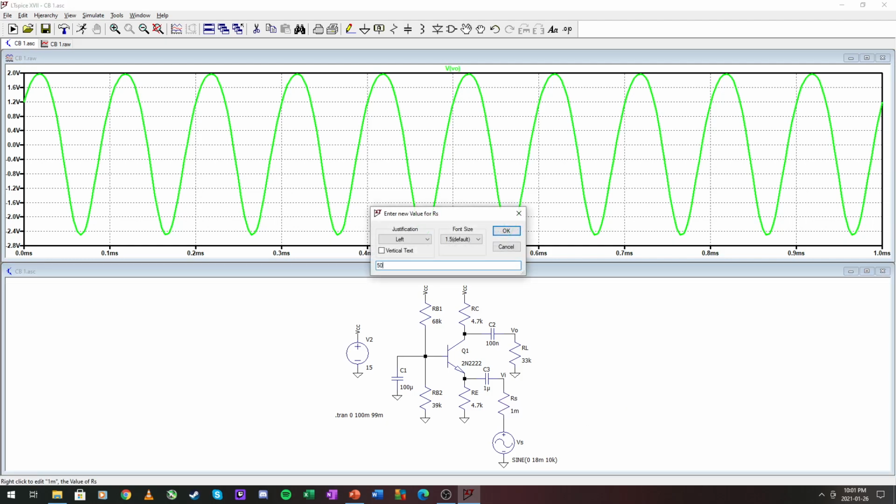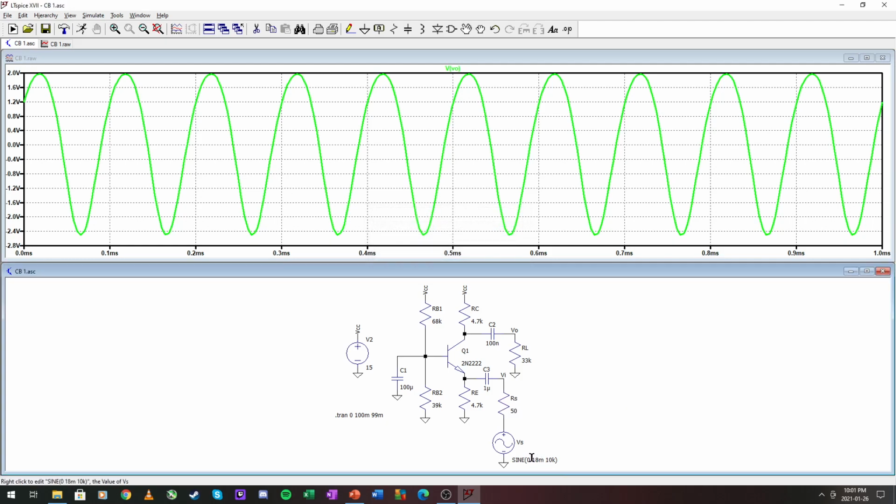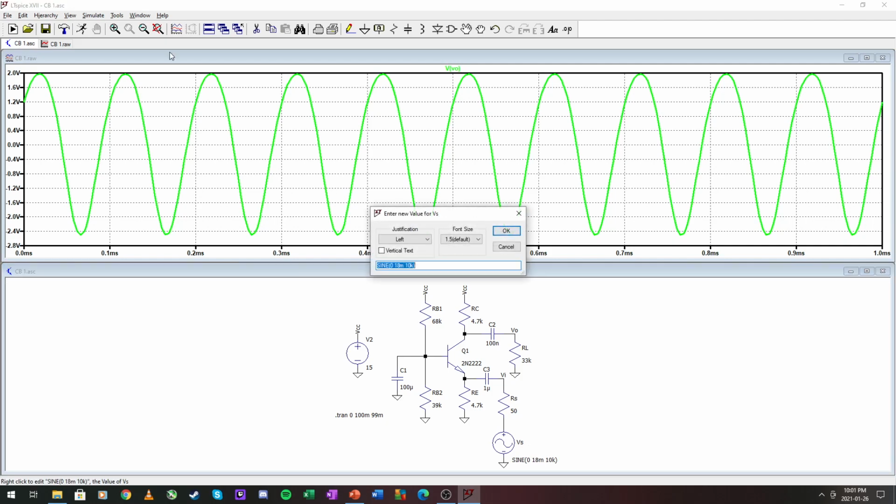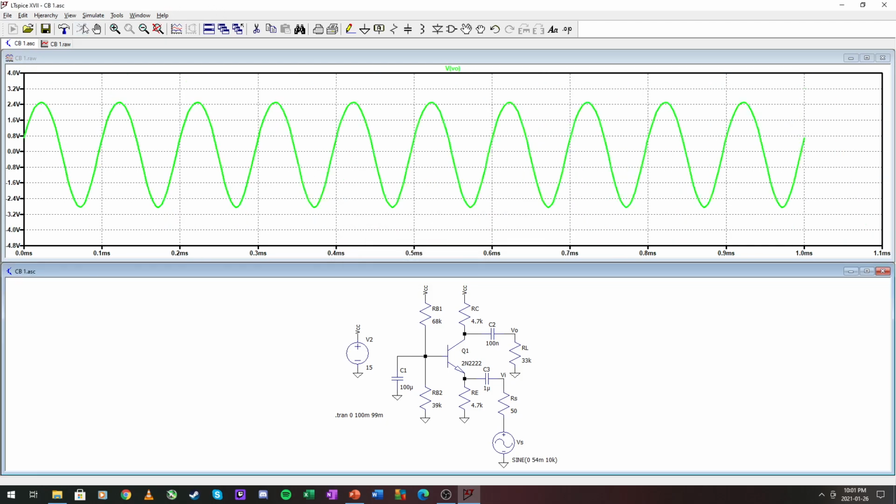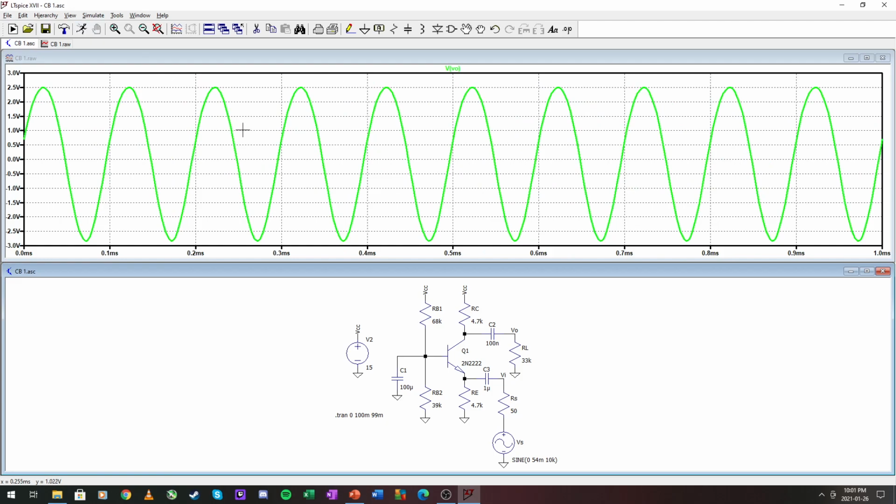Next one would be with a source of 50 ohms, and we calculated for the same output that this should be 54 millivolts. Let's run it. Output's the same. So if you're happy with a signal like this, you can use it as is.